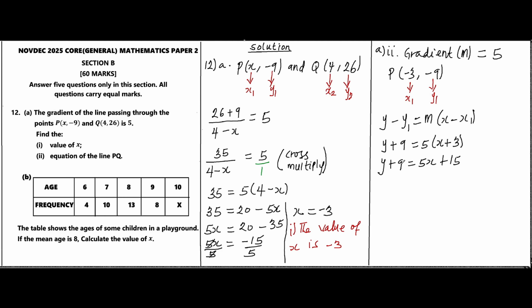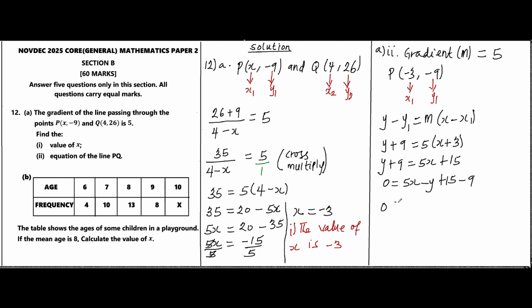So at this point, it depends on how you arrange it. I want to equate everything to 0. So if that is the case, then I have 0 on the left. This must be equal to 5x. Then I transpose positive y, minus y. I have plus 15 on the right. Then I transpose positive 9, it becomes minus 9.